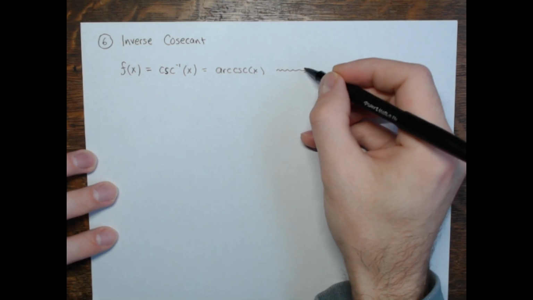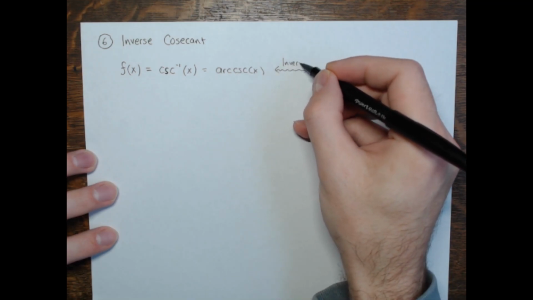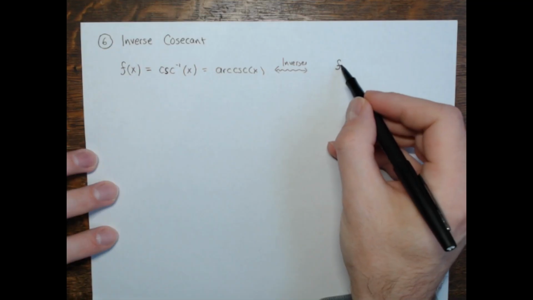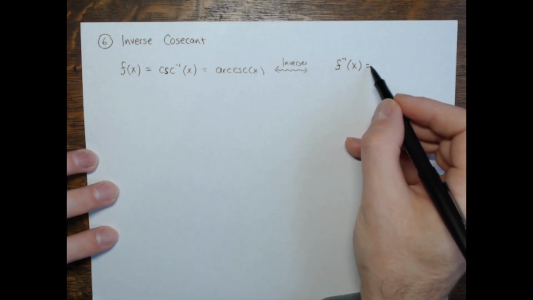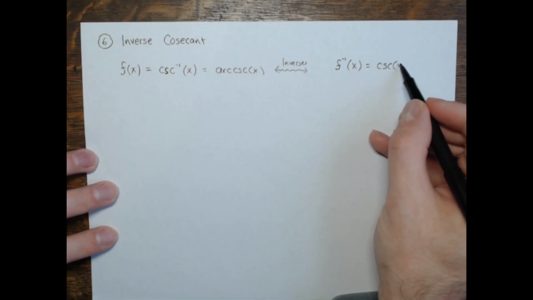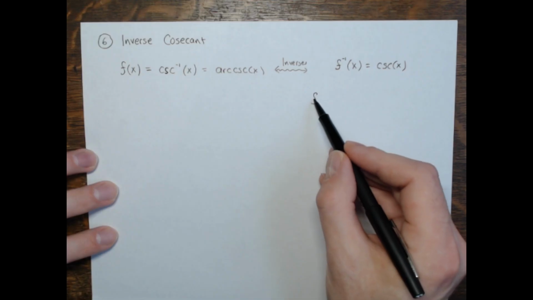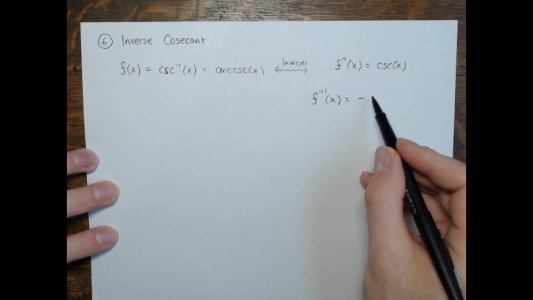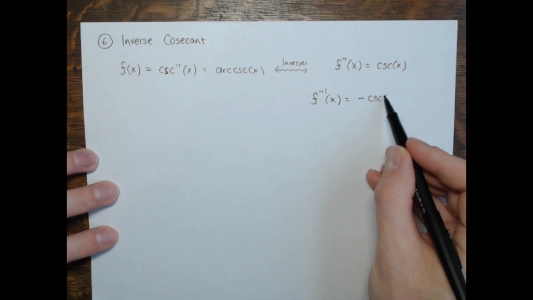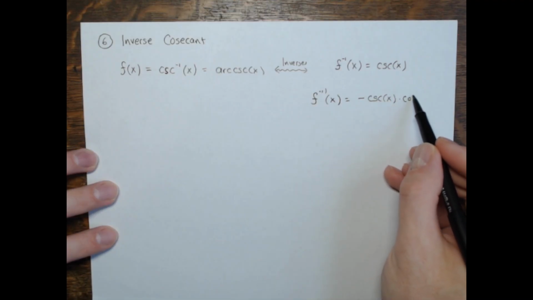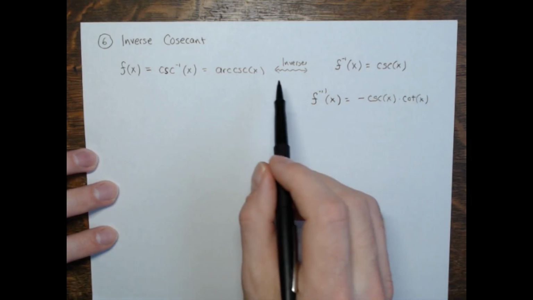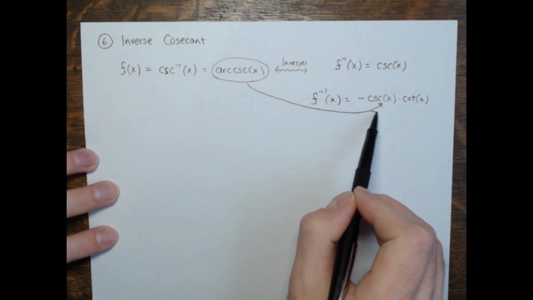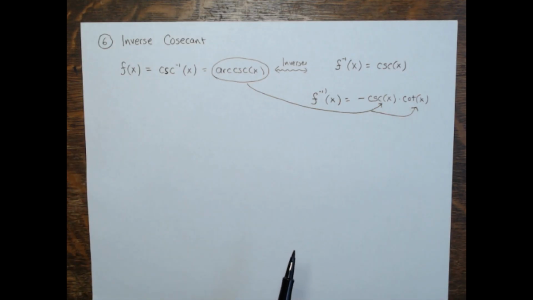So once again, looking at inverses, if f is inverse cosecant, then f inverse is the original, regular cosecant of x. The derivative of regular cosecant was the opposite of, or negative cosecant of x times cotangent of x. And like all the others, I'm taking my original function and putting it inside this one, and then taking the reciprocal.